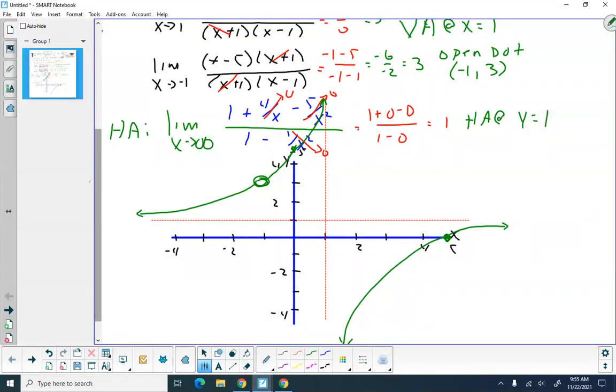What else can we do? We can look at the limit as x approaches this value of 1 from the right of our function, and the limit as x approaches 1 from the left.